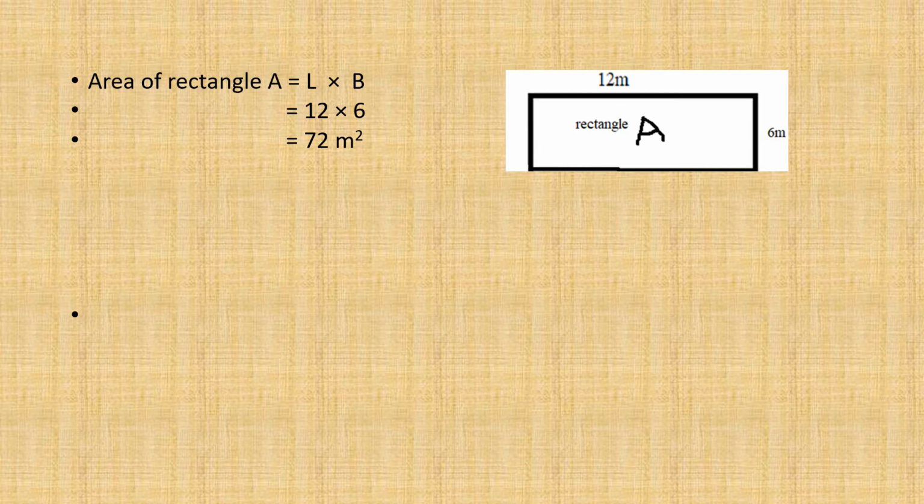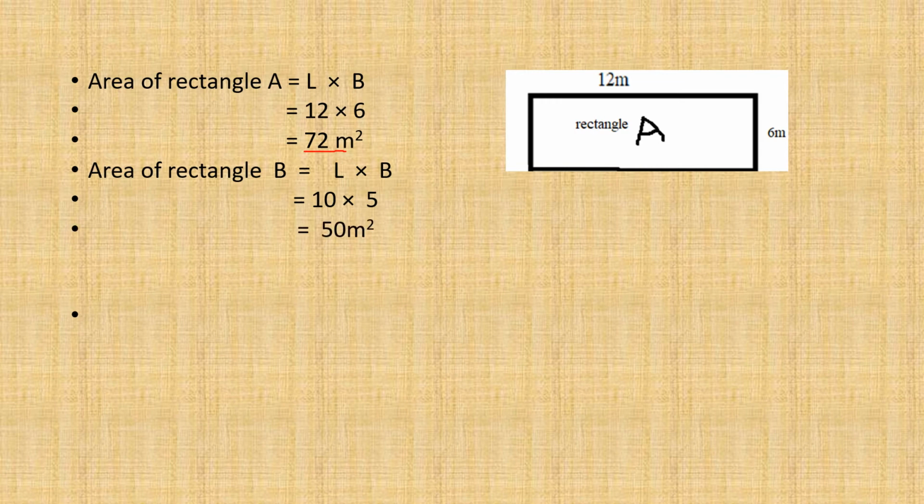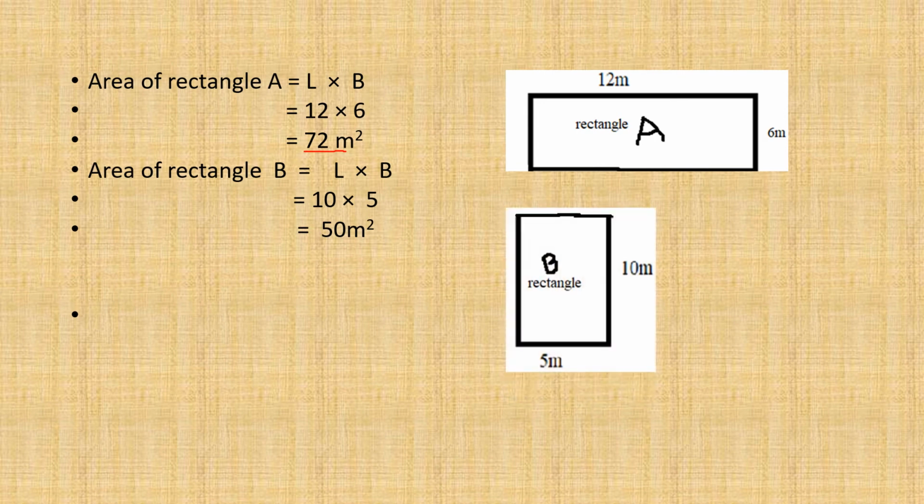So this is the answer to the first part of the shape. Now the second part: we have the same rectangle, so it's the same formula. Length times breadth, so we have 10 meters times 5 meters, that will give us 50 square meters.